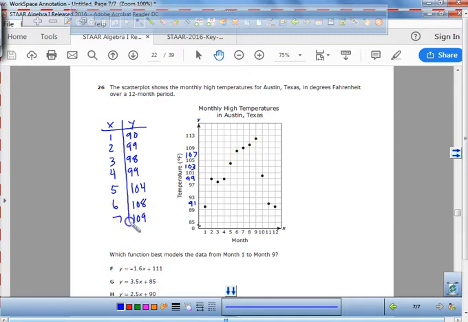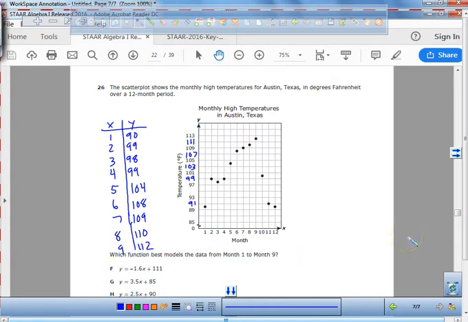And we have 8. Let's check out 8. 8's going to be all the way up at a 110. And finally, 9, that's 111. 9's going to be at 112.